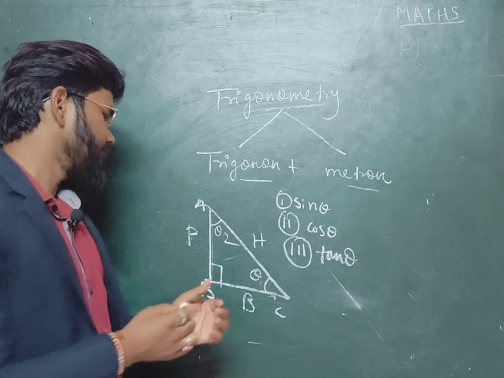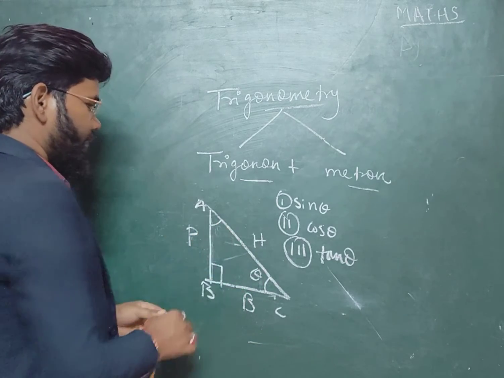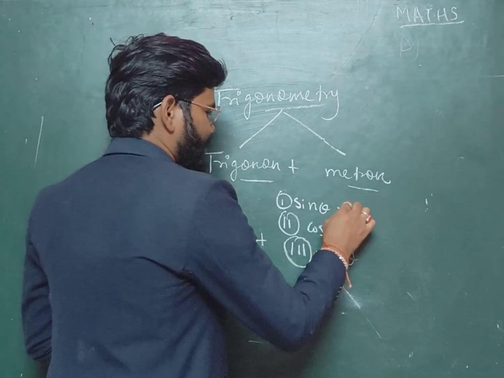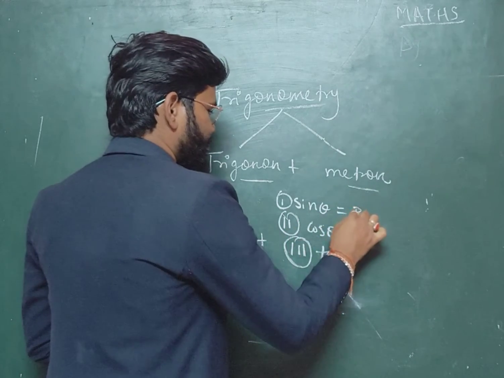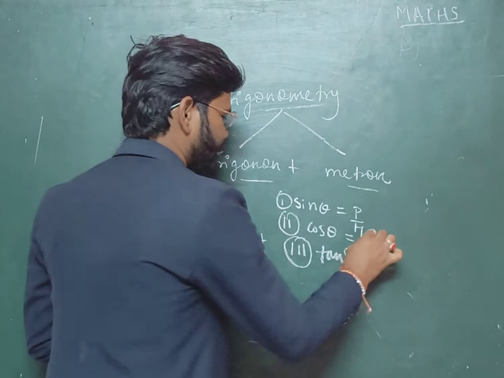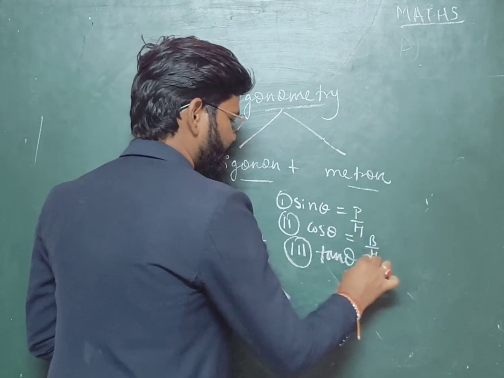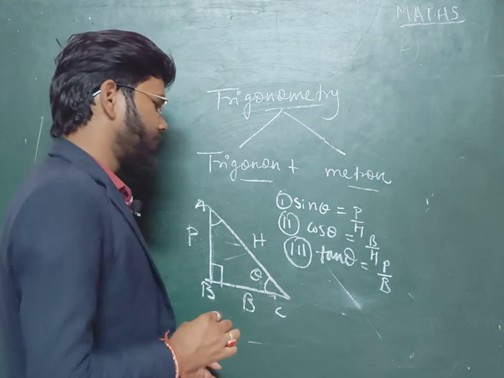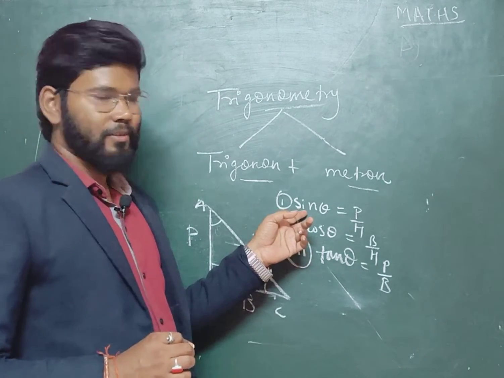So in the case of theta, the value of sin theta in terms of P, B, H is P by H, cos theta is B by H, and tan theta is P by B. I have already told you the reciprocal of sin theta is cosec theta.